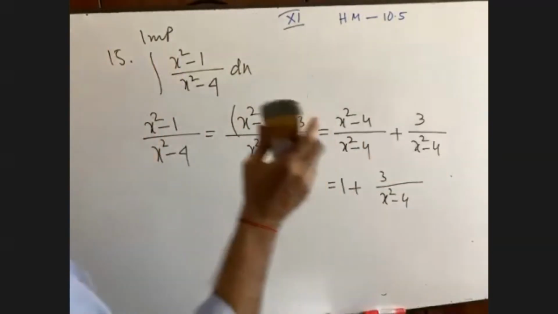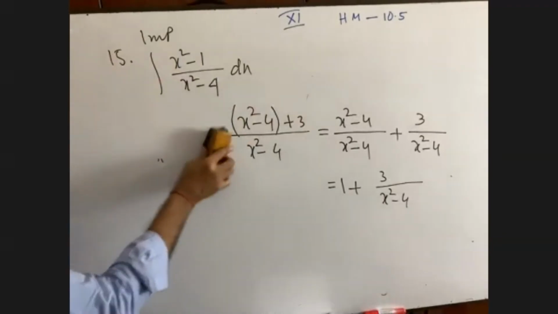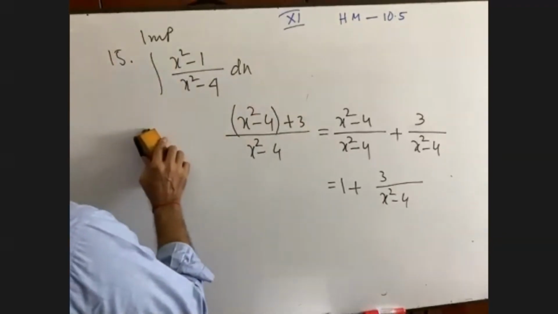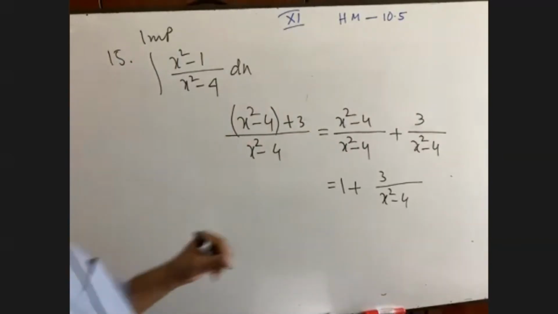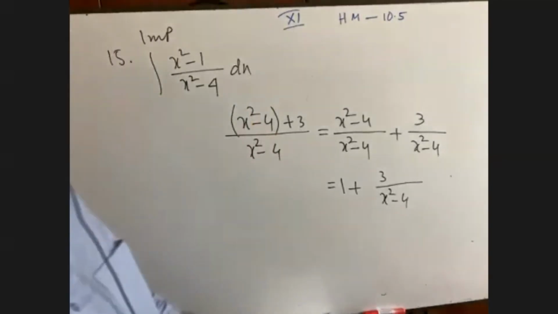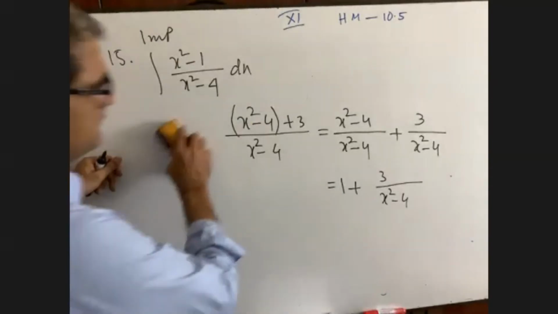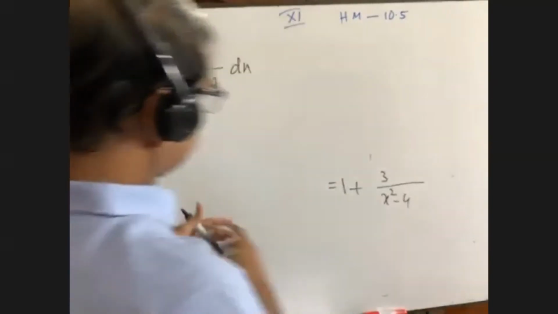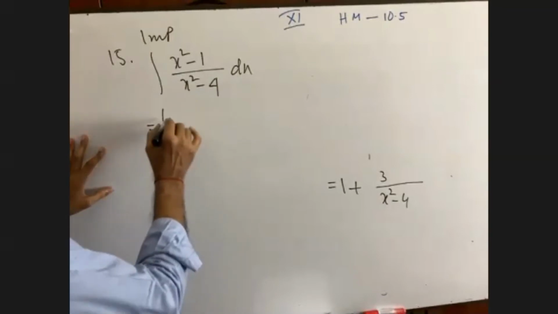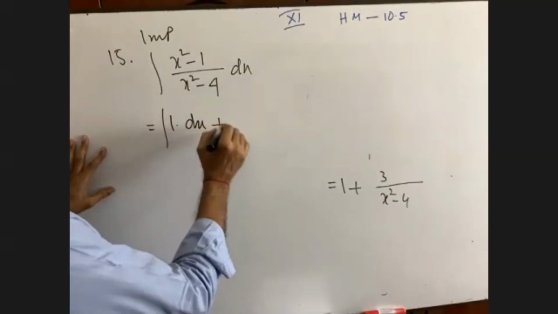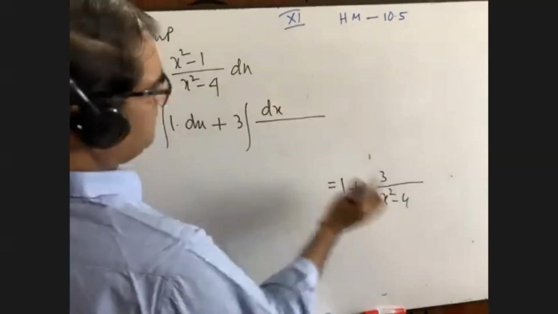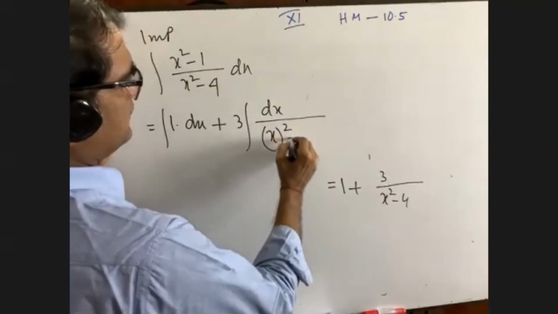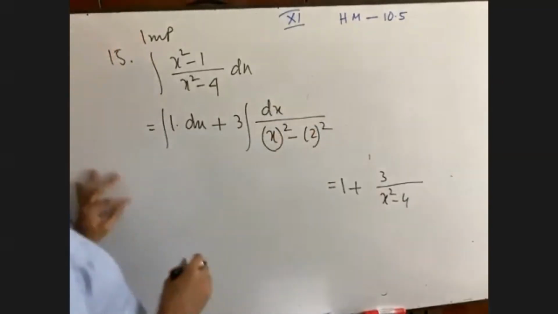Have you copied it? So we have got integration 1 dx plus 3 integration dx by x square minus 2 square, like the previous math, right?